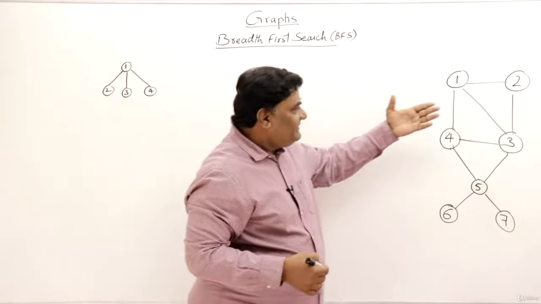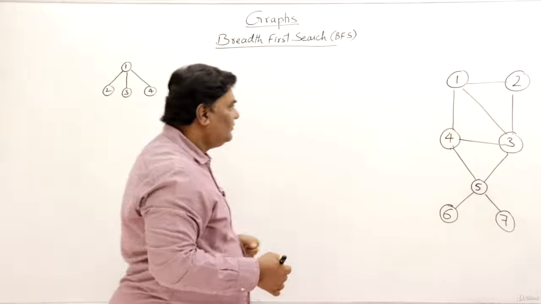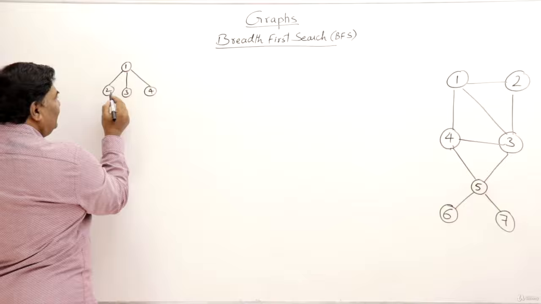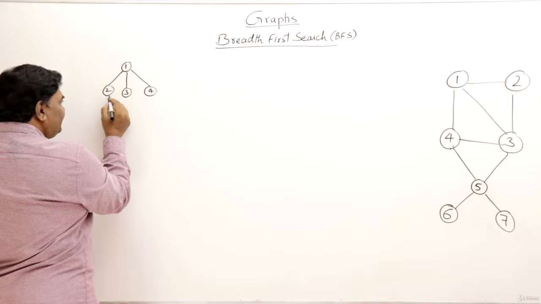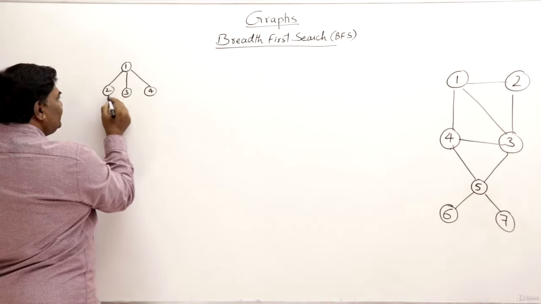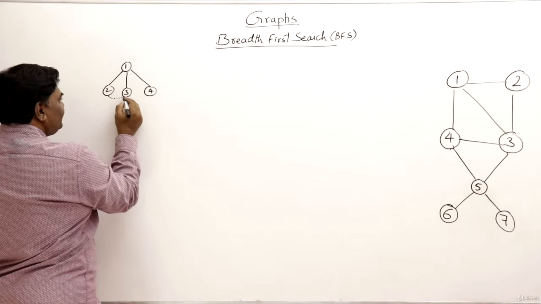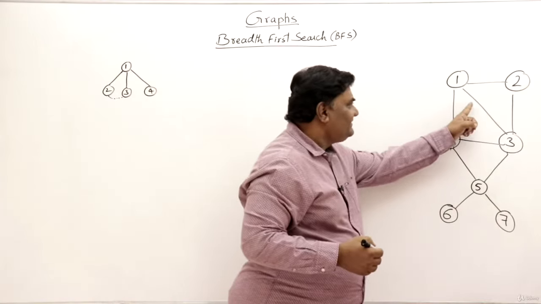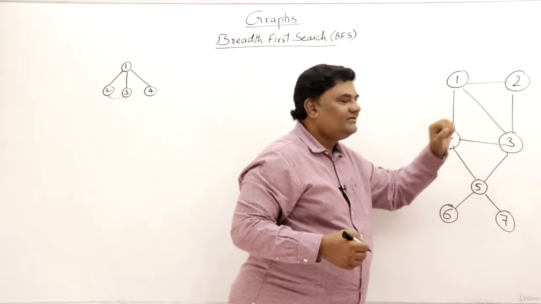Now let us see who is adjacent to 2. Only 3. Actually I am preparing a tree, so if I include this edge, it will form a cycle. So I'll put a dotted edge. I have completed these 3 edges plus this one.